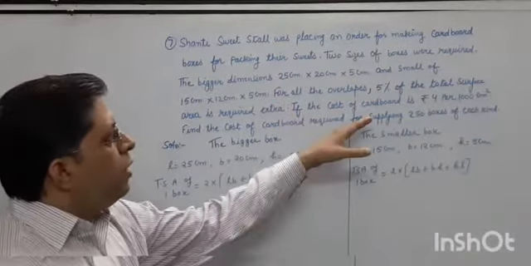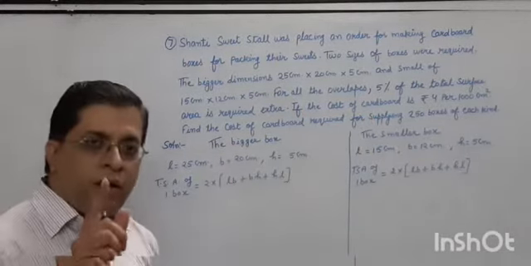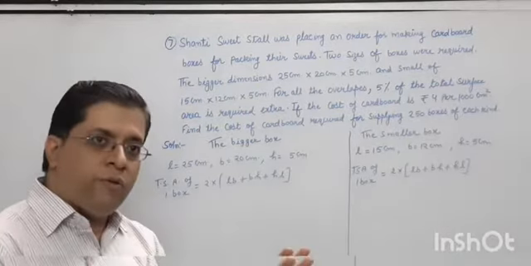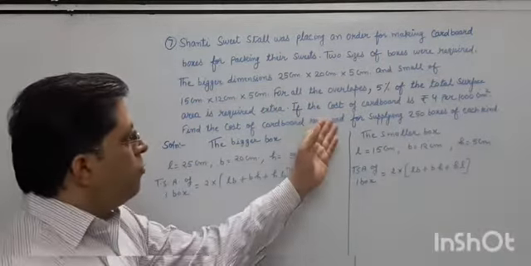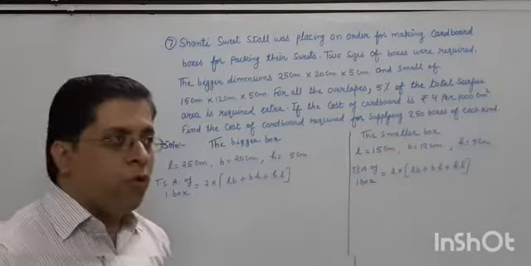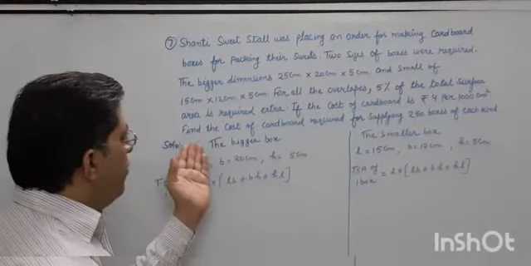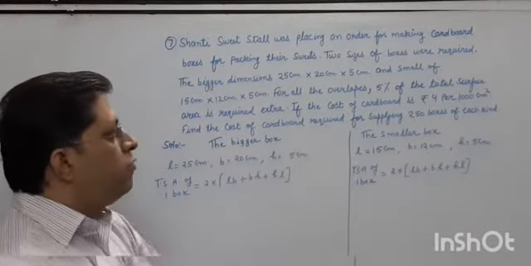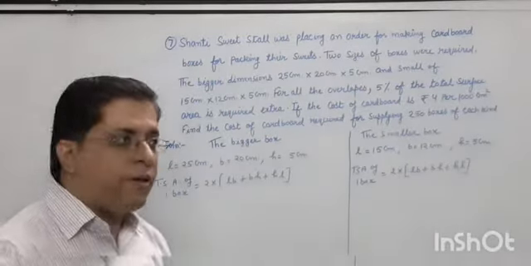For all the overlaps, 5% of the total surface area is required extra. First of all, you find total area, then extra 5%. If the cost of cardboard is ₹4 per 1000 centimeter square, then find the cost of cardboard required for supplying 250 boxes of each kind.